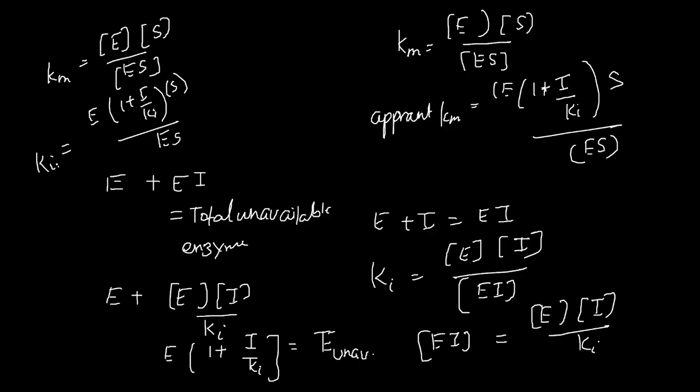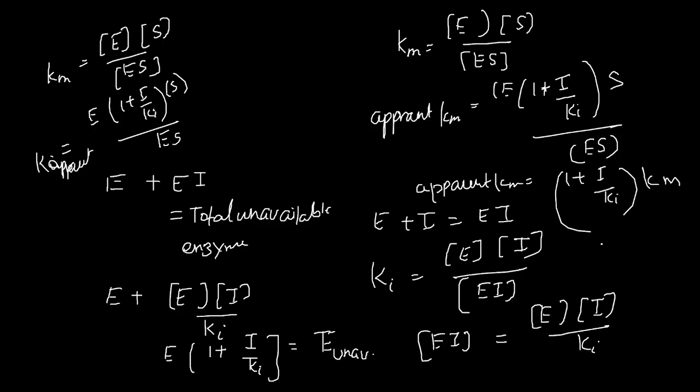If you divide apparent Km by Km, you will get apparent Km over Km equal to 1 plus I by Ki. And this value is known as the alpha. So alpha is equal to 1 plus I upon Ki.